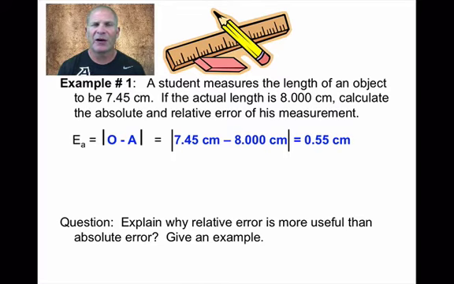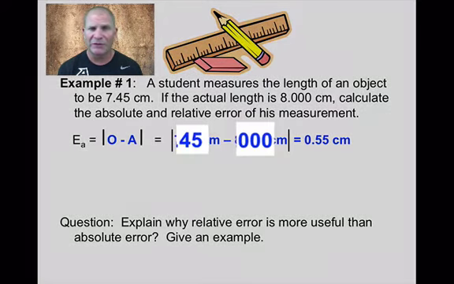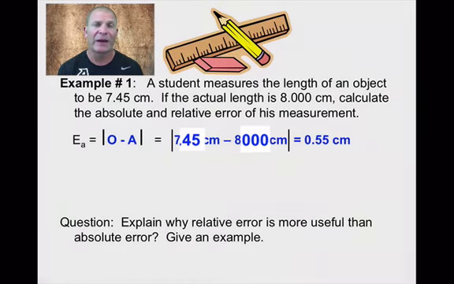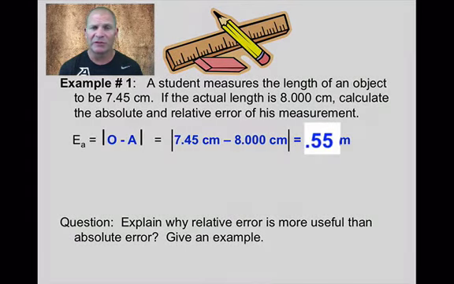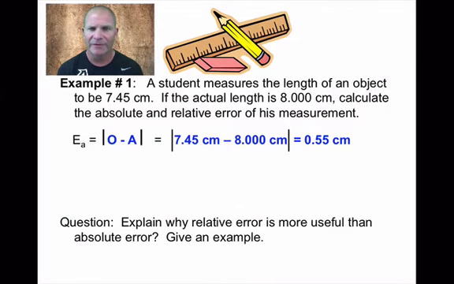What we see here is the very important addition and subtraction rule, since we're subtracting these values. With the addition and subtraction rule for sig figs, we're not looking at the least number of sig figs, we're looking at the number with the least number of digits to the right of the decimal. Well, 7.45 only has 2 digits to the right of the decimal, therefore my answer is limited to 2 digits to the right of the decimal, and that would be 0.55.